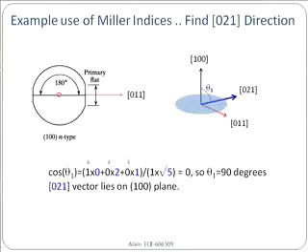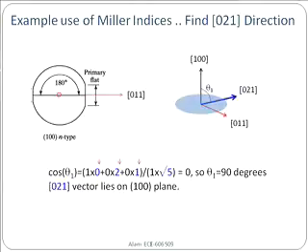And you can see why, because one of the Miller indices is 100, while the other one is 021. So at the end, when you multiply them out, you get 0. And therefore, the angle is 90 degrees. So the angle between 100 and 021 is 90 degrees, and 021 will be lying on the surface of the 100 plane.